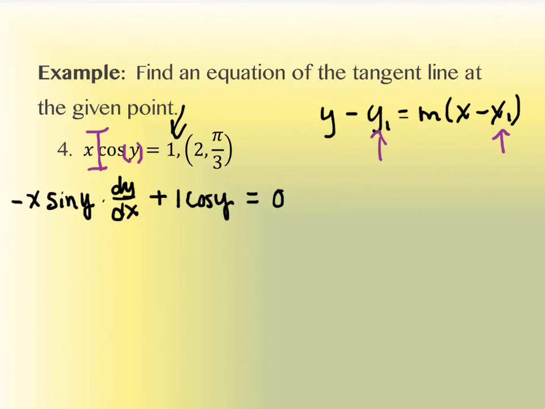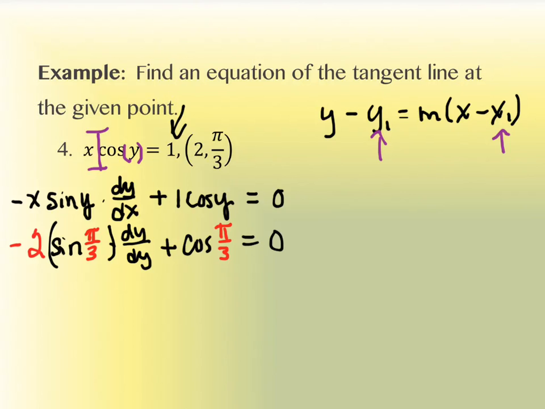So I'm going to take this spot as my place where I'm going to plug in my values for x and for y. So x is 2, y is pi thirds. I have dy dx here. So these are all multiplied. Plus the cosine, again, of pi over 3.